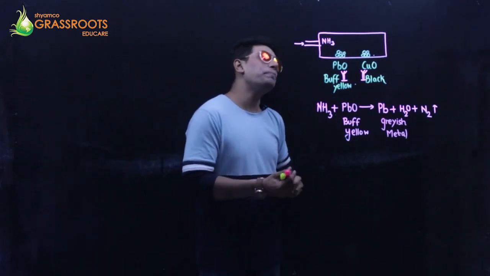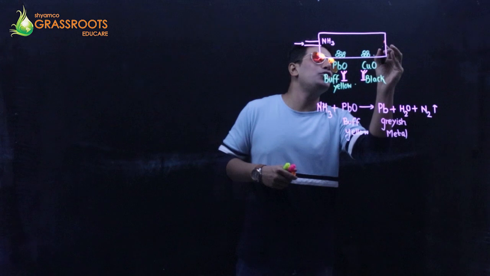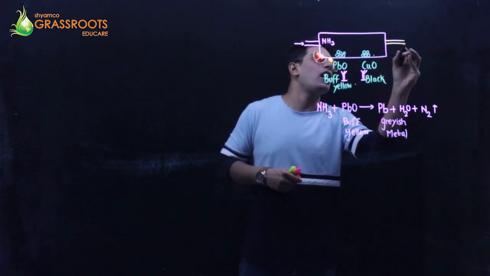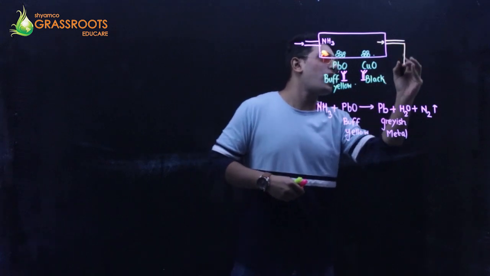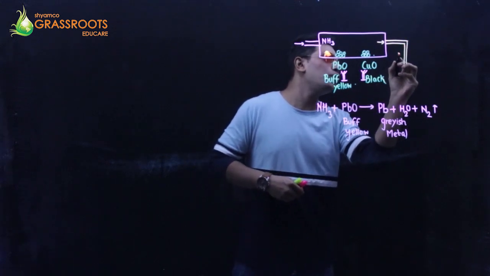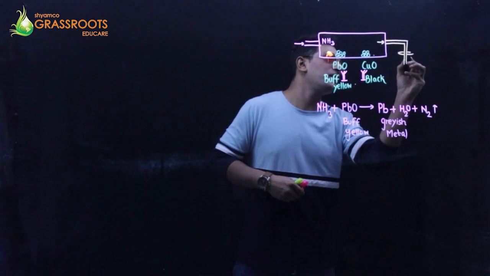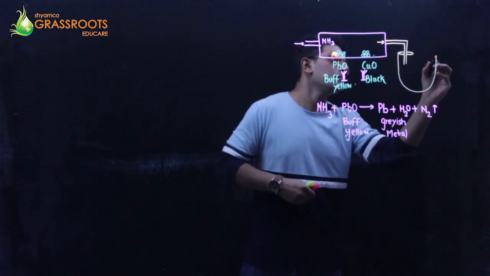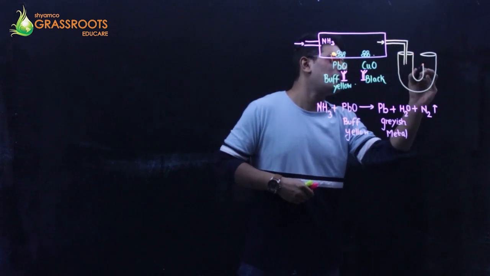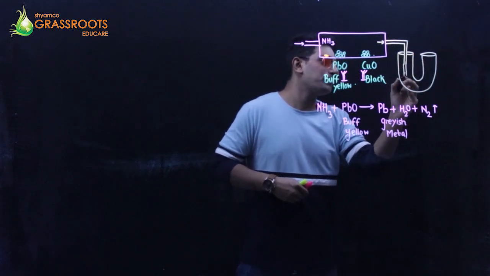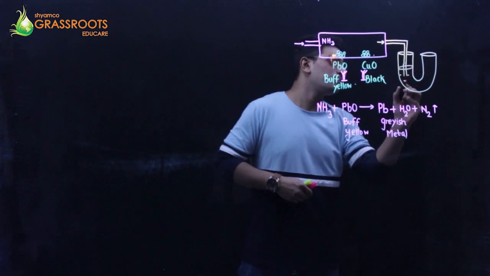From here we have two gases which are liberated. They are first passed through a U-shaped condenser tube in which the water vapor gets condensed into water.